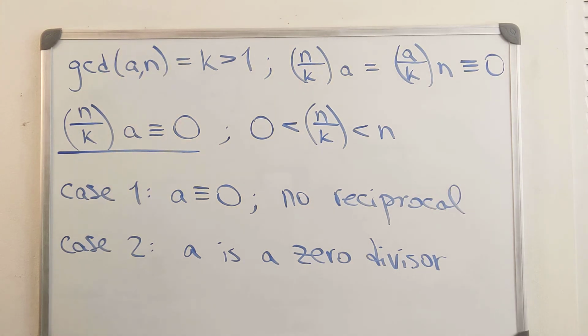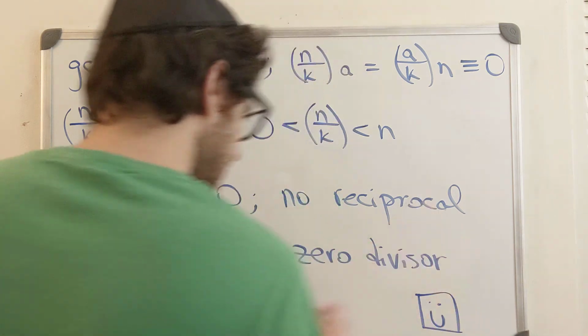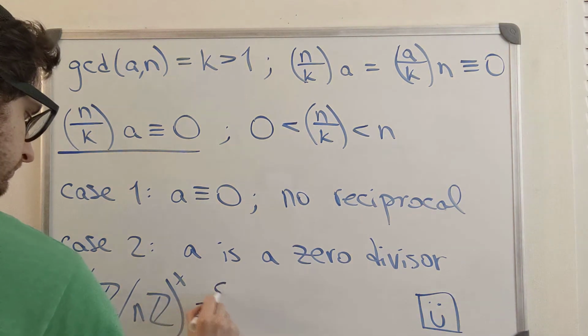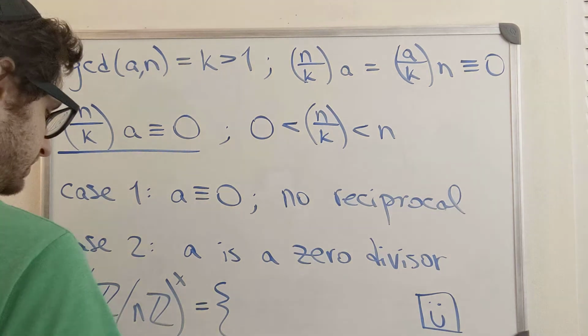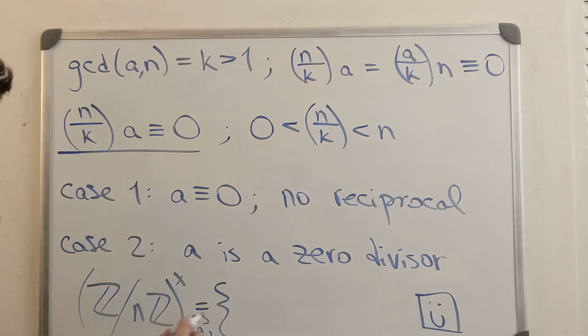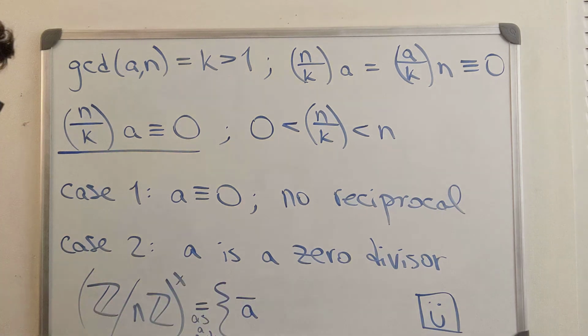I have shown now, first of all, that if the GCD of a and n equals 1, a has a reciprocal, and I have now shown that if the GCD is greater than 1, there can't possibly be a reciprocal. So I've proven the original theorem. So we know now that Z mod n, the group of units, as a set, is the set of all a bar, so equivalence classes.